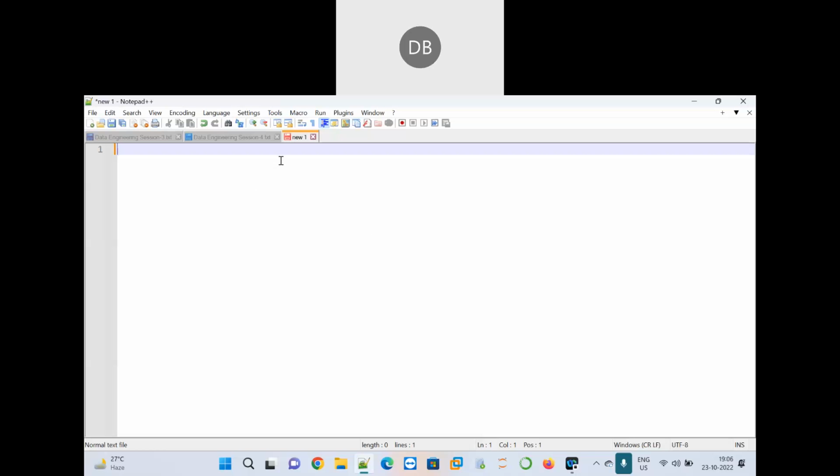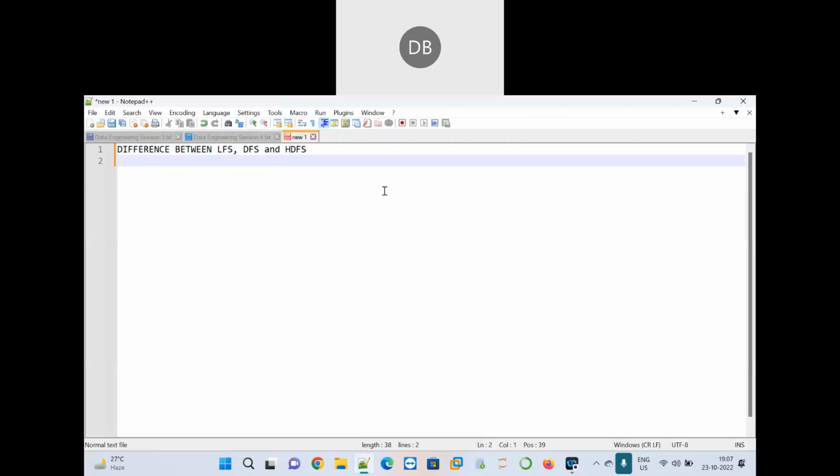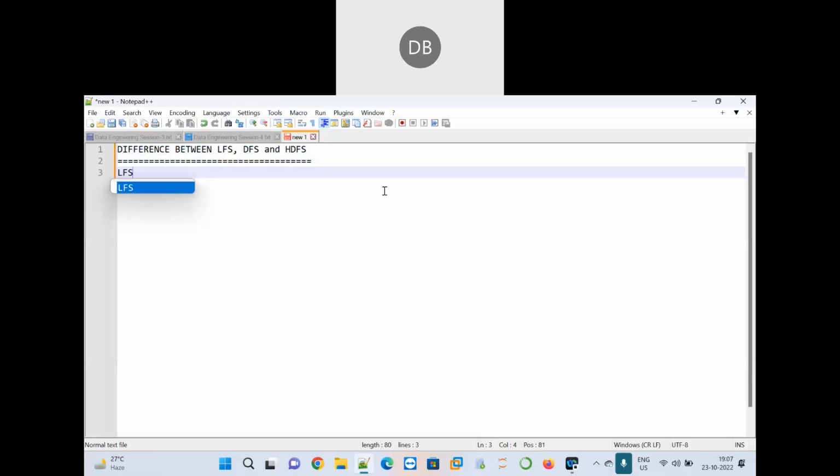So today we are going to see a very important discussion, the difference between LFS, DFS, HDFS. Okay. LFS stands for local file system.